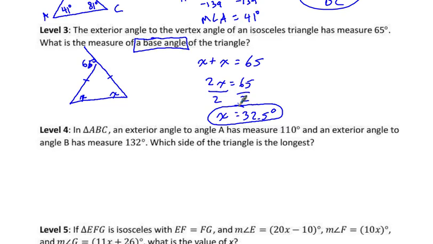Again, using the exterior angle of a triangle theorem, telling us that these two inside opposite interior angles from that exterior angle equal the exterior angle when added together. So their sum.